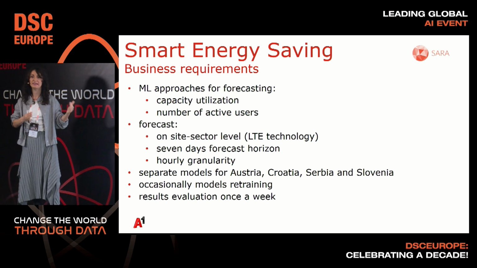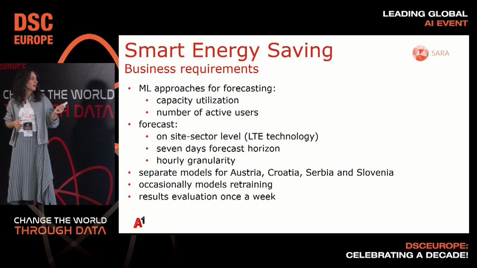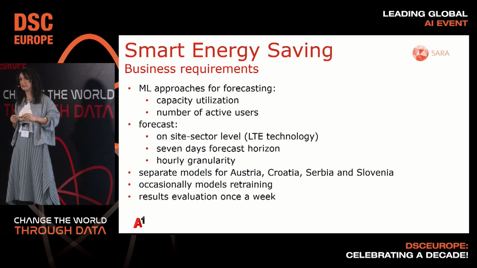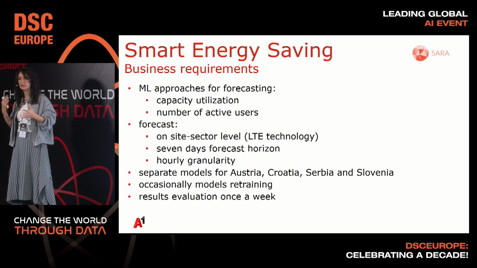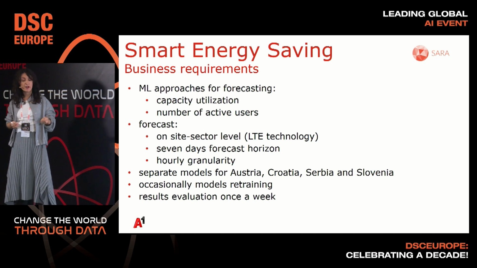So there is no real need to have all 3 cells active all the time. Additionally, due to differences in network configuration, network performance, or patterns among the countries, it is required to train different models for different markets, and also to enable retraining of the model due to the dynamic behavior of the network.